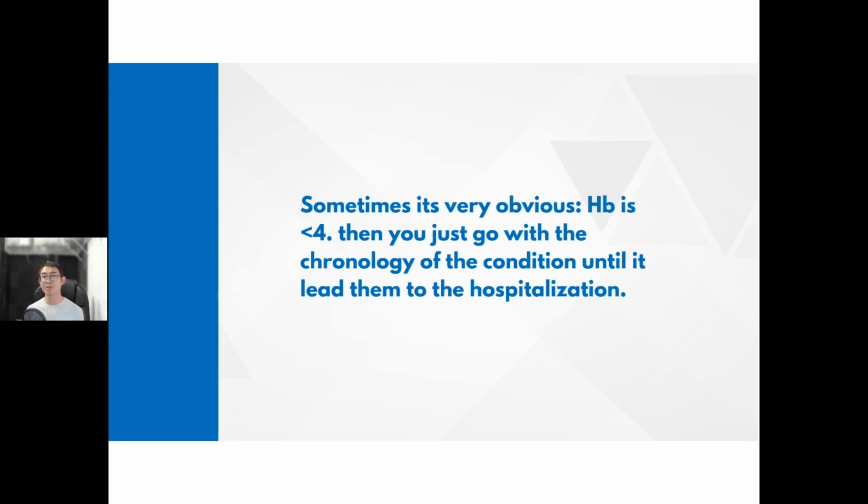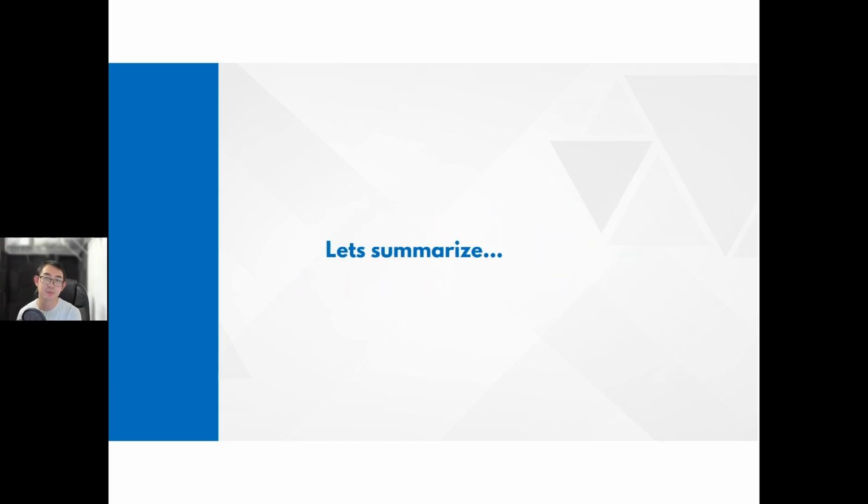Now, sometimes a patient comes in with no mystery diagnosis, kind of obvious. Hemoglobin is 4, patient's anemic. My doctor told me to come get a transfusion. Then it's anemia, right? For this one, you just go along with the chronology of what actually led to the hospitalization. That's completely fine, and then you just follow the order like usual.